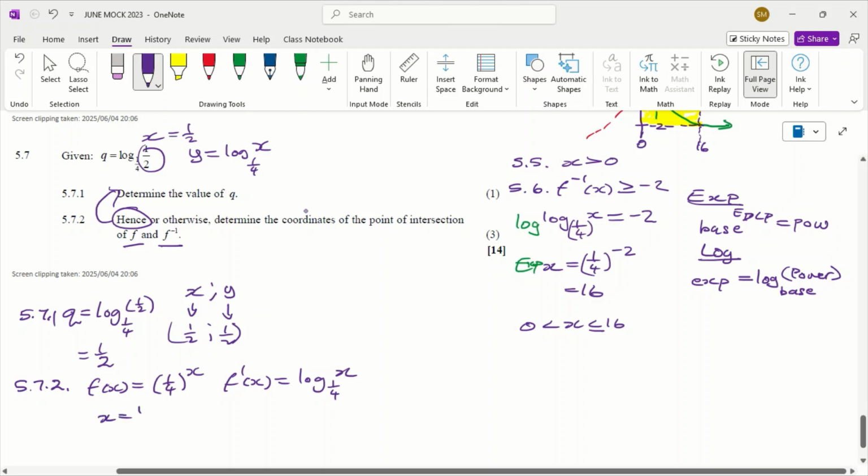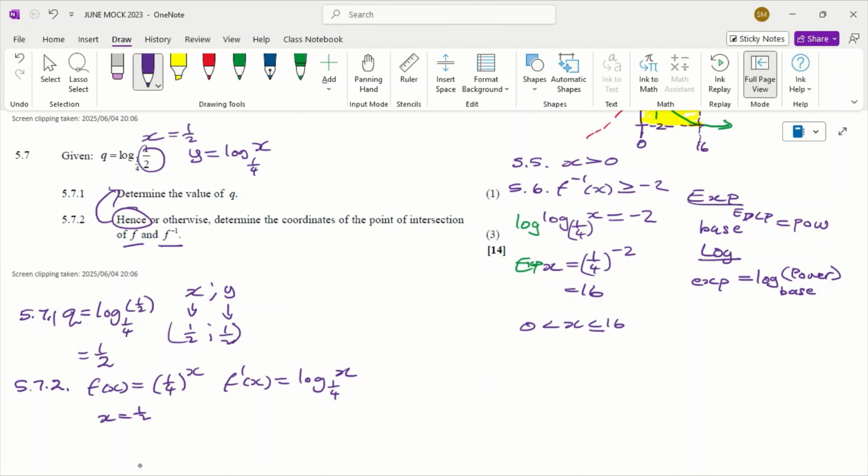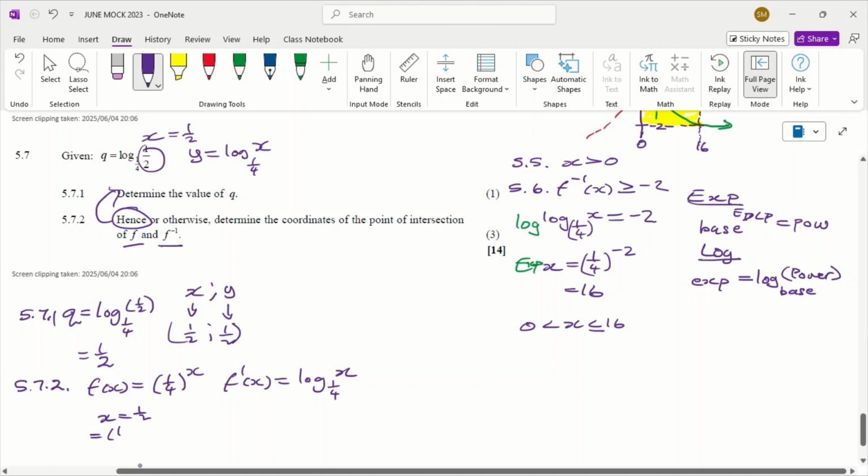We have log base 1 over 4 of 1 over 2, which is our x value from the previous question. So now we have 1 over 2, 1 over 2. And you can see that both functions have the point 1 over 2, 1 over 2.